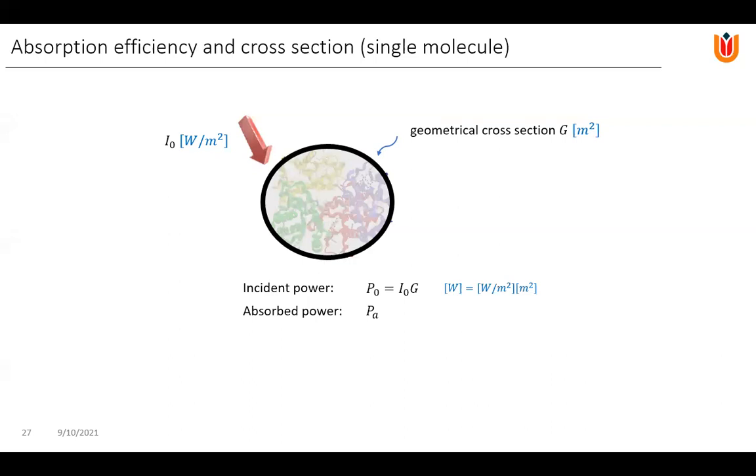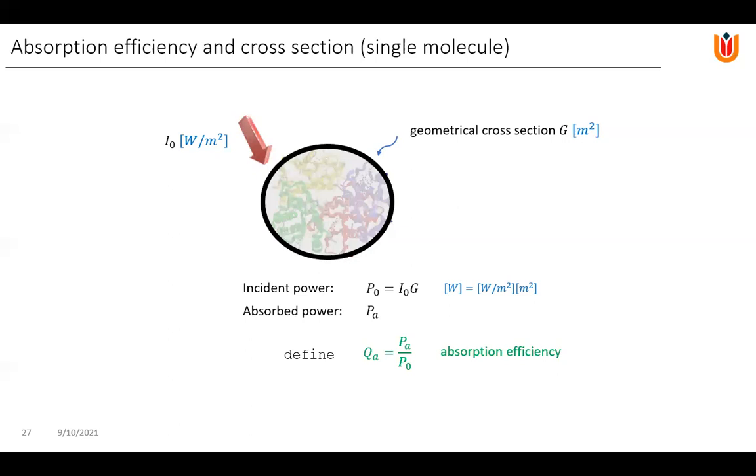Now let's say that this molecule absorbs light. There is a certain amount of power absorbed, and we call that amount of power P_abs. Then, with this additional definition, we can define a quantity that describes the efficiency of this molecule to absorb light.